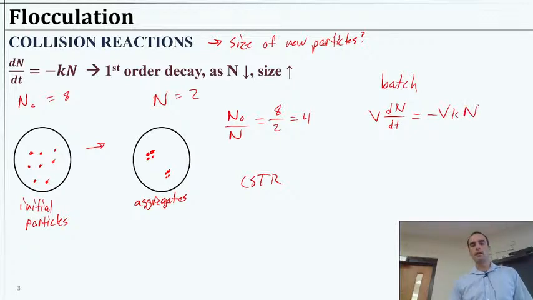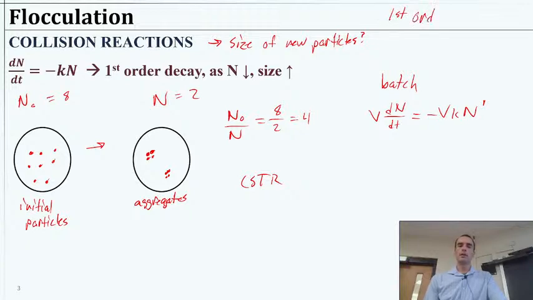And it's a decay reaction, so it's negative. And the N is raised to the 1 power here because it's first order. It's first order because it depends on how many particles are there. And we will also see that our reaction rate constant has units of per time. I think we got that far, maybe we didn't quite get that far last time, but we'll see that in a moment. So these are first order decay reactions.